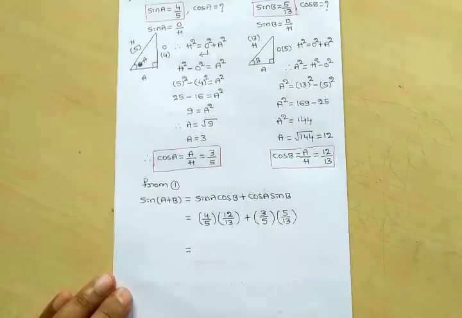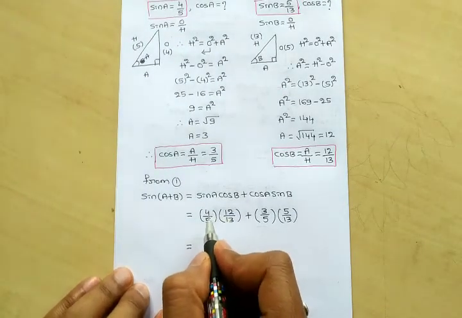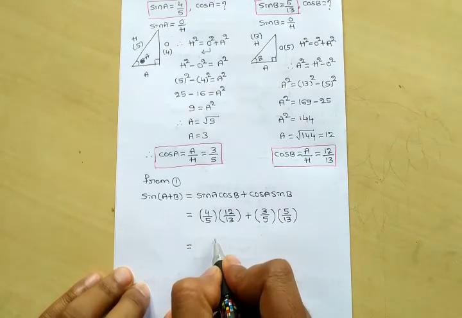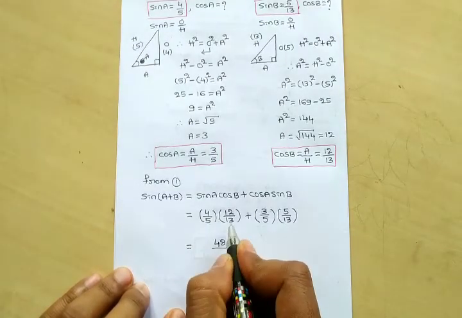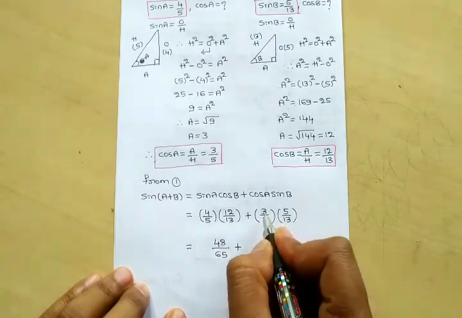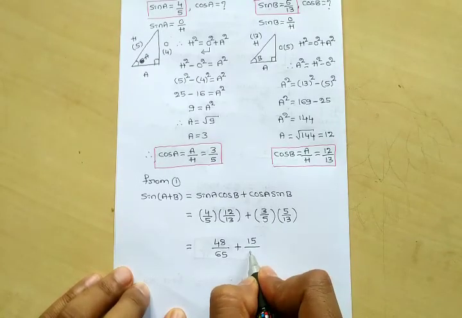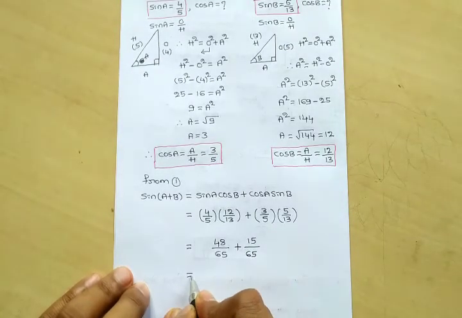So next multiply. 12 into 4, 48, divided by 13 into 5, 65, plus 5 into 3 is 15, 13 into 5 is 65. So next take the LCM.